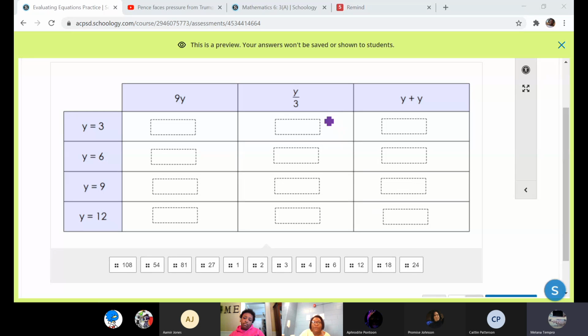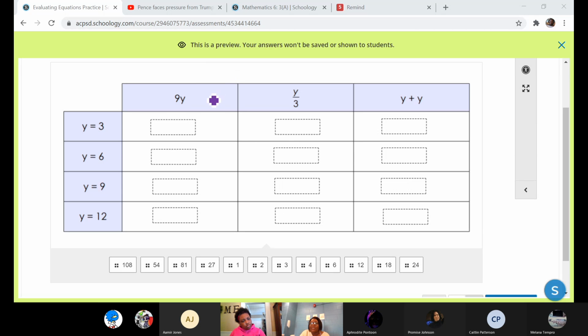1. Very good. And then here, we're going to be substituting Y for 3 here. So now we're multiplying. Remember, when the coefficient and variable are right beside each other, we're multiplying. So now we're going to be multiplying 9 by 3.